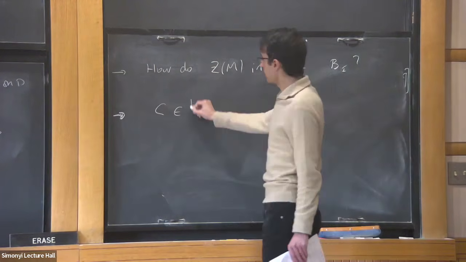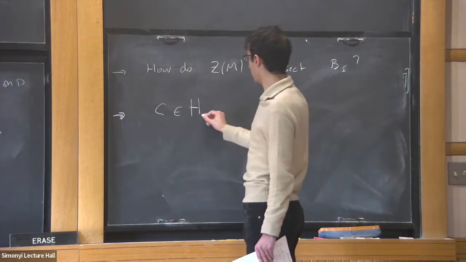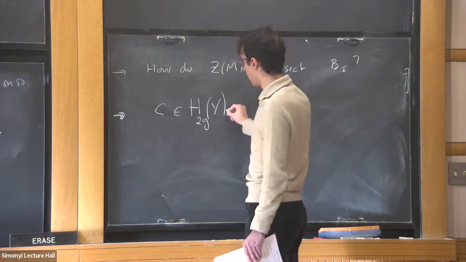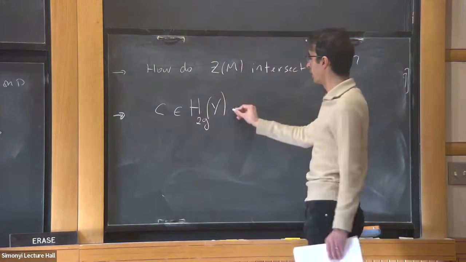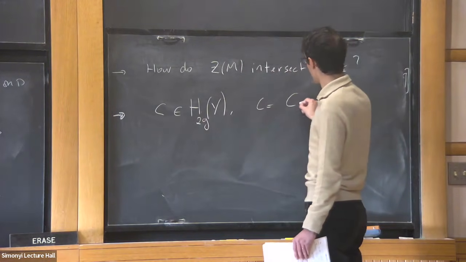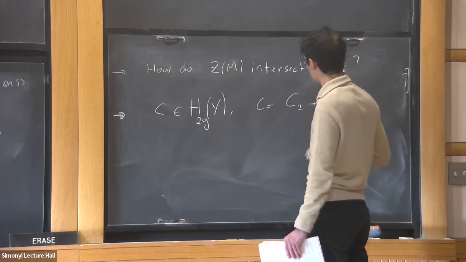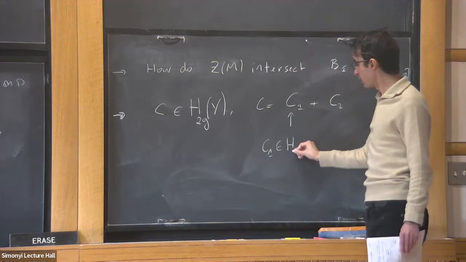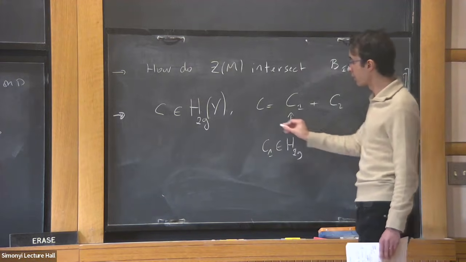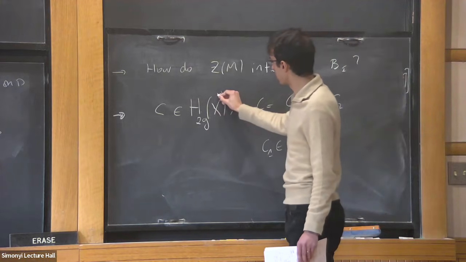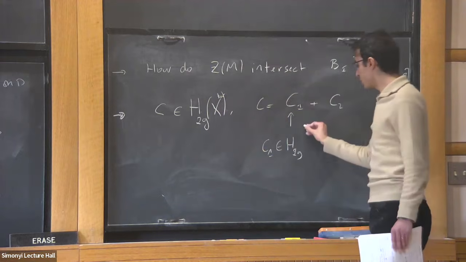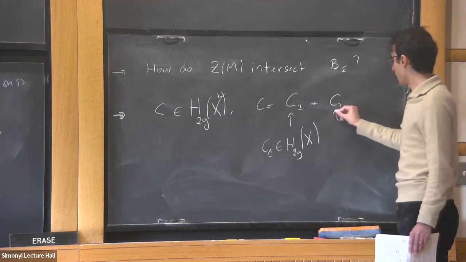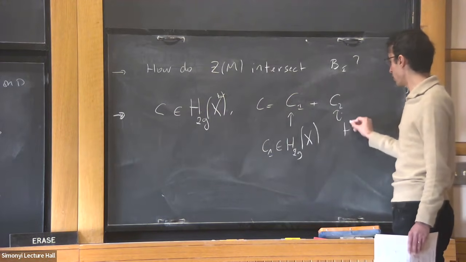So each time we take a cycle C in the homology, let's say in degree 2g of Y, I know by this lemma that C can be decomposed as a sum of two cycles, maybe in a non-unique way, where the cycle C1 is in the homology of X toroidal, so it's supported inside X, and then C2 is in the homology of the boundary.